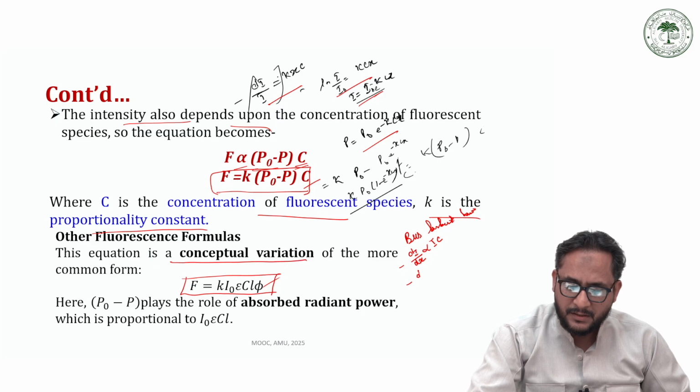If we rearrange this equation, we have minus dI upon dx is equal to k I c.